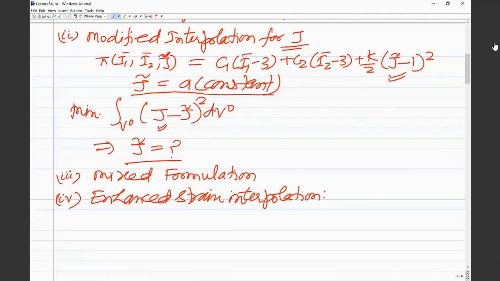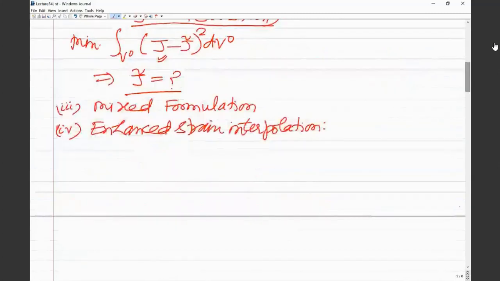Most of the time, of course, you use reduced integration, sometimes with hourglass control. If you look at packages like Abaqus and Ansys, there would be reduced integration, and then there would be hourglass control to handle the spurious modes, the zigzag pattern of the displacement.